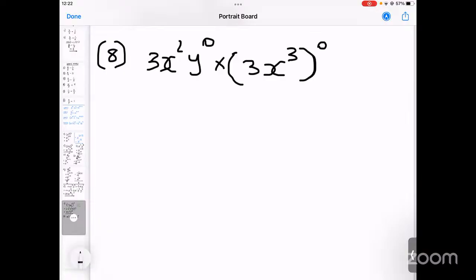Sir, do we first work out the brackets and then the rest? Yeah, so in mathematics, you always start with the brackets. Where there are brackets, it's where you start.